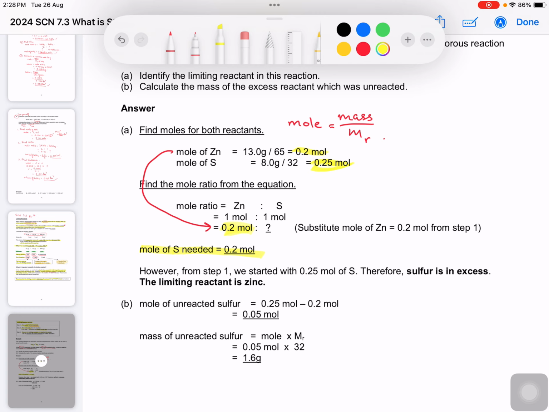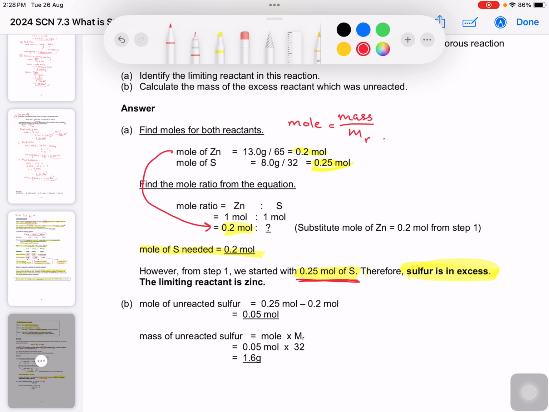But what did we have in the first part? We actually have 0.25 mole of sulfur. Out of the 0.25, we only need to use 0.2. That tells us that sulfur is therefore in excess.